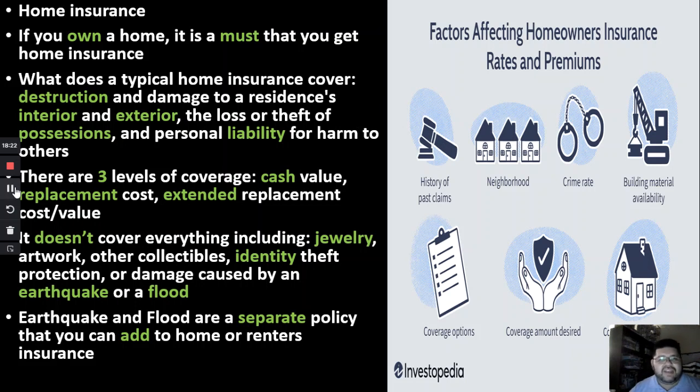And then there are three levels of coverage. Number one is cash value, meaning the insurance will say, okay, this thing that was stolen, you have proof that you bought it, it was worth $3,000. Here's $3,000.